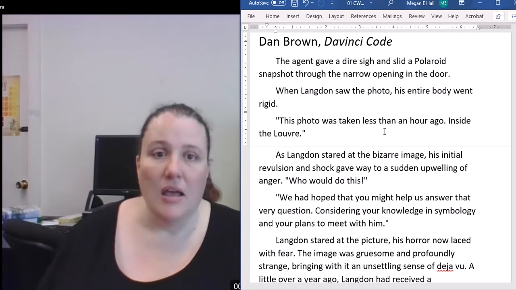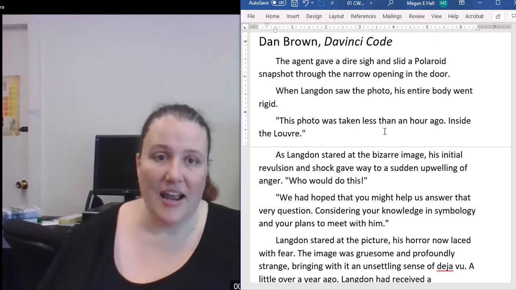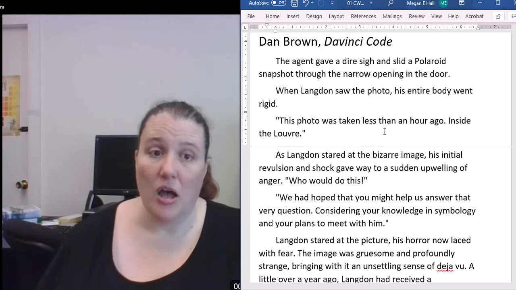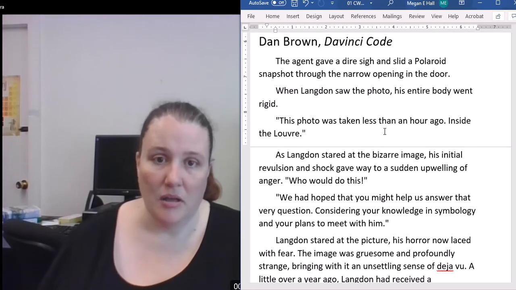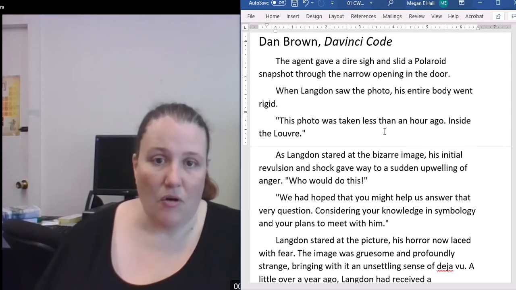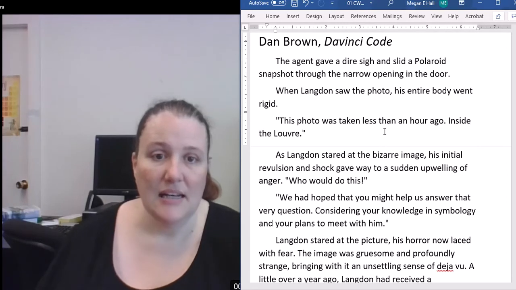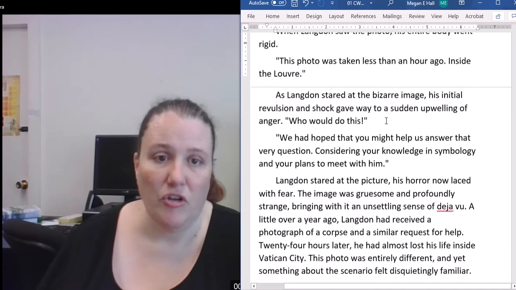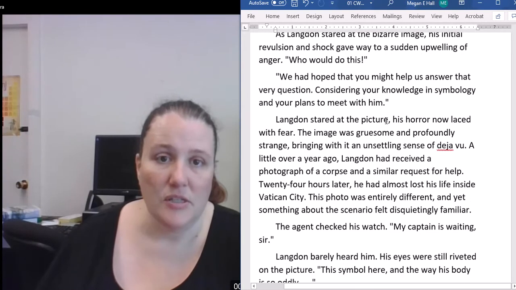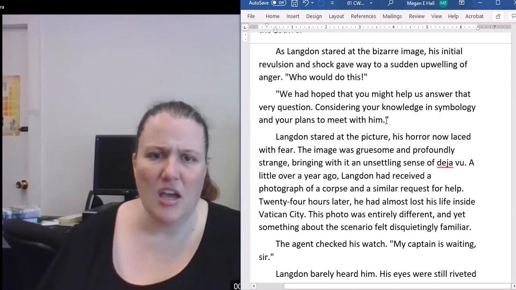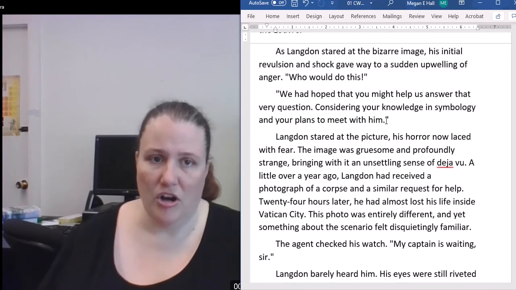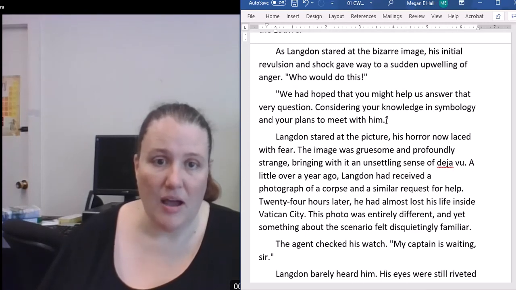So here we go. The agent gave a dire sigh and slid a Polaroid snapshot through the narrow opening in the door. When Langdon saw the photo, his entire body went rigid. This photo was taken less than an hour ago, inside the Louvre. As Langdon stared at the bizarre image, his initial revulsion and shock gave way to a sudden upwelling of anger. Who would do this? We had considered that you might help us answer that very question, considering your knowledge in symbology and your plans to meet him. Langdon stared at the picture, his horror now laced with fear.